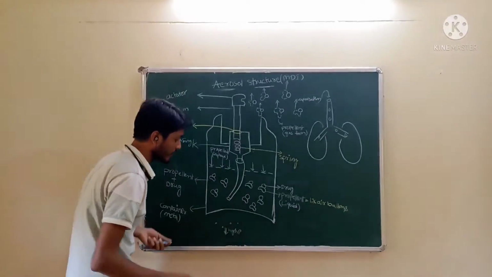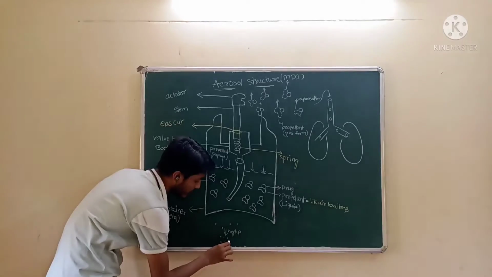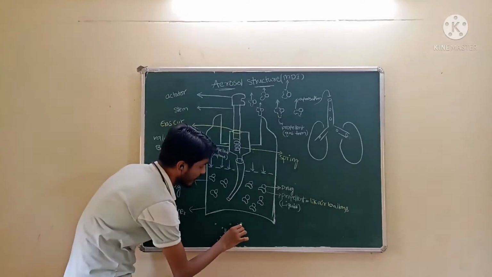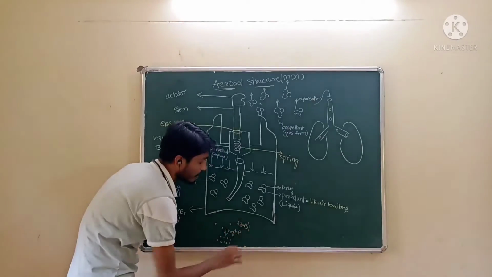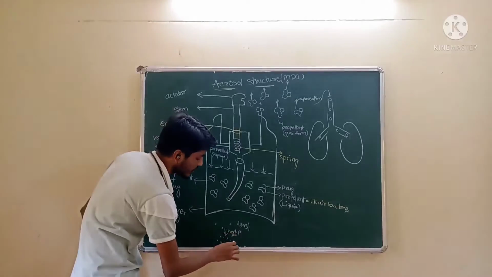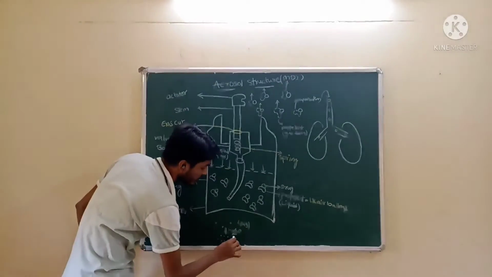Under high pressure, they can be converted into liquid. Here the gas form is there, where the particle distance is more. When you compress under high pressure, the distance between the gas molecules will reduce, and we can call it a liquid phase.